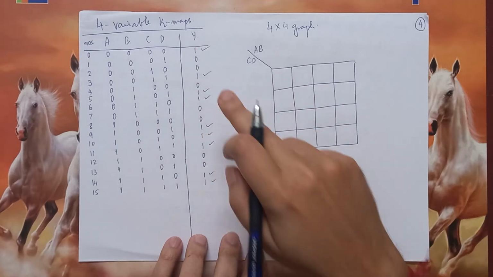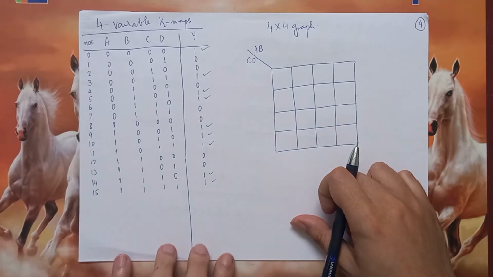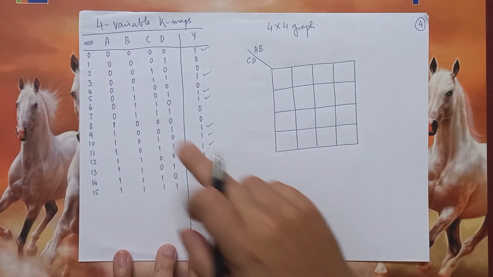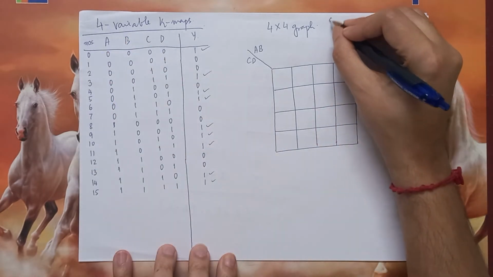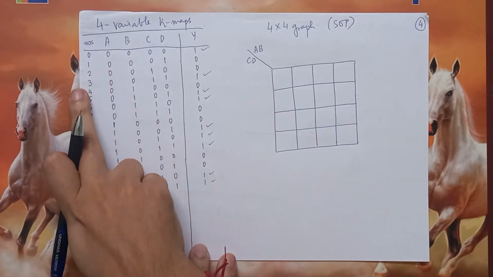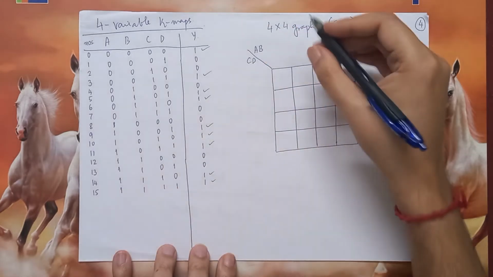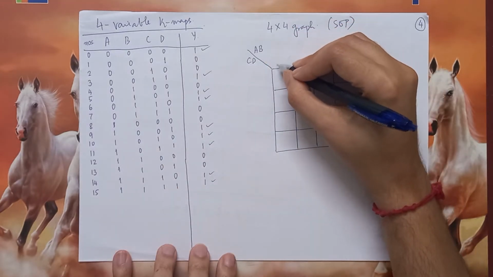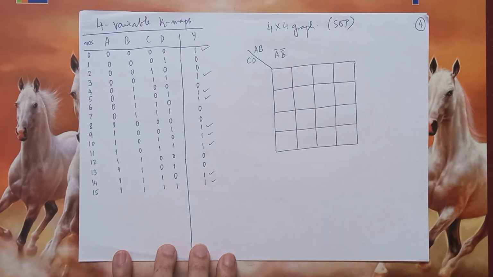So let us consider the first four rows in the truth table, 0, 1, 2 and 3. Over here, A and B are always 0 for the first four rows. So therefore, just like a 3-variable K-map, let us name this row as A bar and B bar.